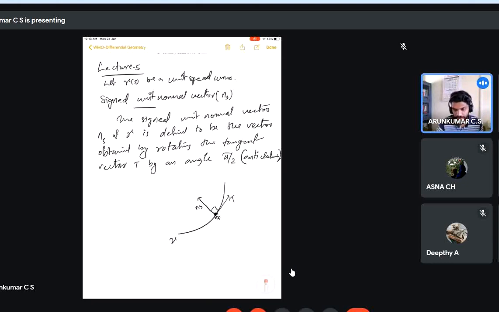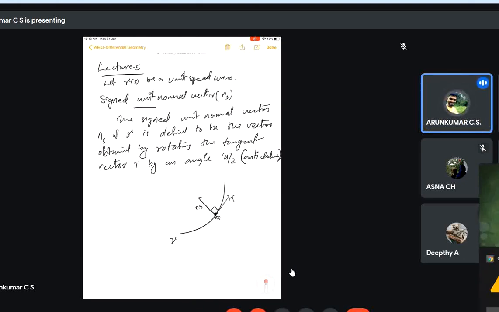Since the curve gamma is unit speed, the tangent vector, what is the meaning of saying the curve is unit speed? Norm of gamma dot s is 1, right? That is precisely the tangent vector is a unit vector. So Ns will also be a unit vector.